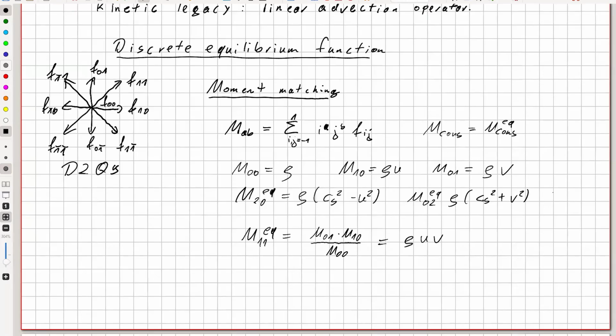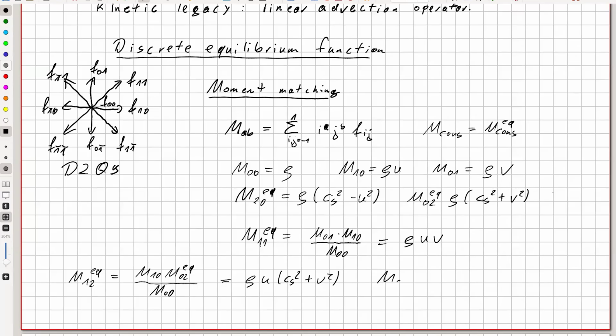And now you also get all the others, like M12 equilibrium is equal to M10 times M02 divided by M00, which is rho u times cs squared plus v squared.